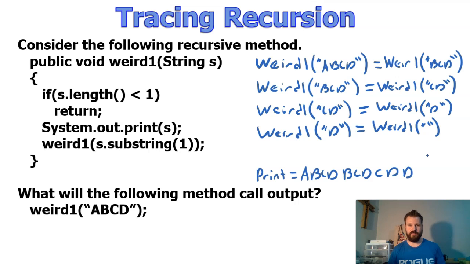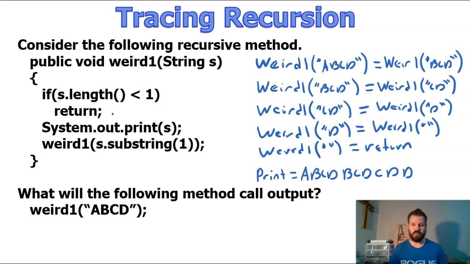Okay, I have nothing, which will just return, because that is our base case. The empty string here has a length less than 1, in other words 0, so we'll return. All right, so this will be what gets printed out by this method here.